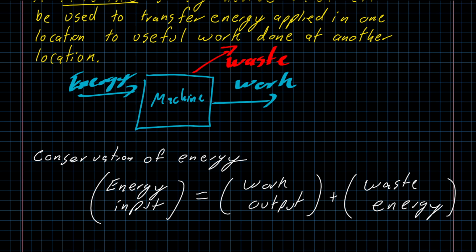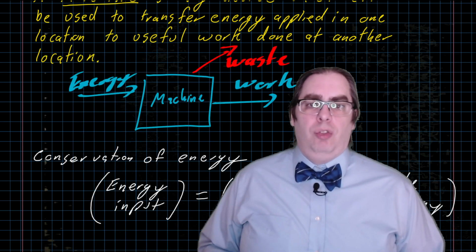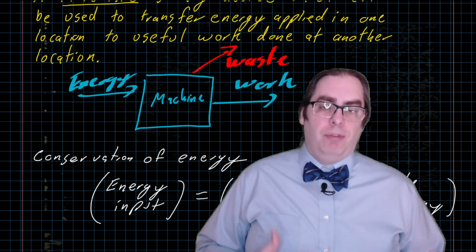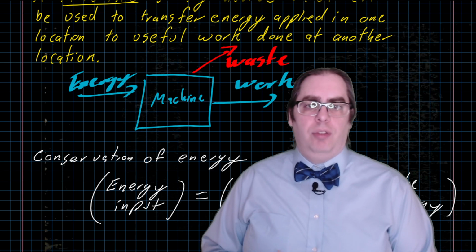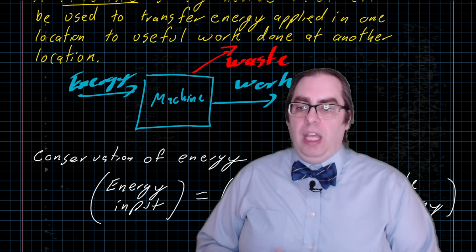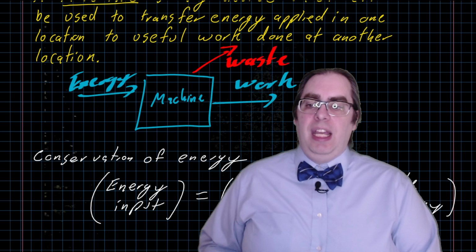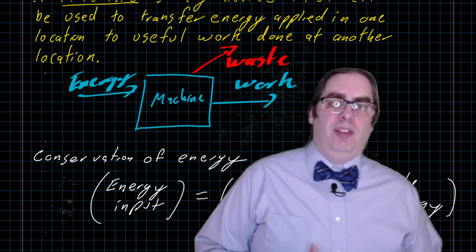A couple of examples here. A lot of machines are going to generate a lot of heat from the friction of their components. Very frequently, a machine creates noise, and those are both classic examples of waste energy, energy that is put into the machine that does not get to do work.